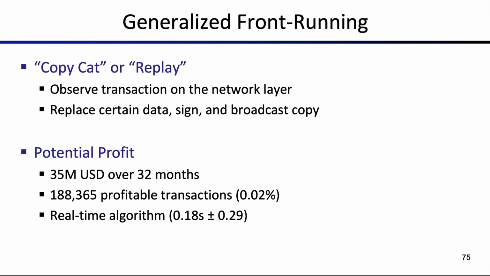We've developed a real-time algorithm which is not very much optimized, and which could even be parallelized, but we basically can replay a transaction in less than 0.2 seconds, as we report here.